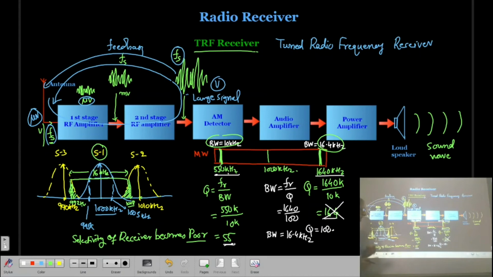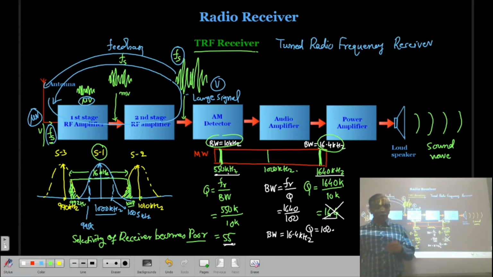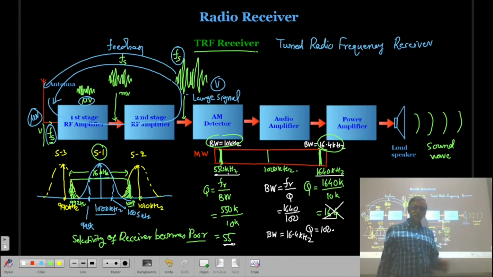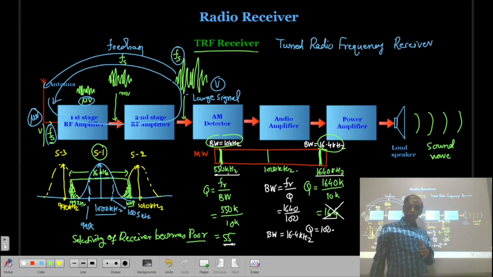So in short we can say it has an instability because a number of tank circuits are there, and there will be a probability of a kind of positive feedback. So due to that your amplifier may be converted into an oscillator. Second thing, the gain of the amplifier is very large, 10⁶ on a single frequency.